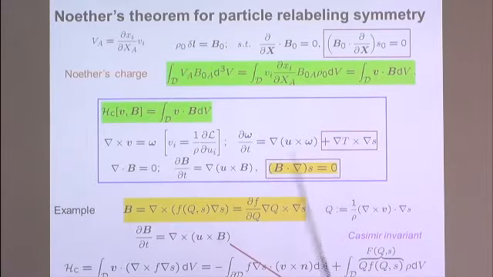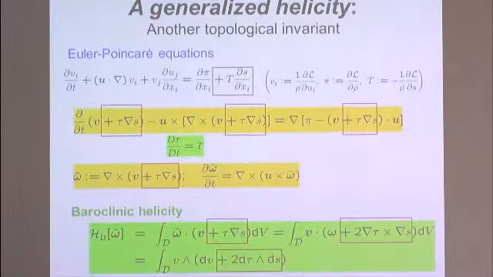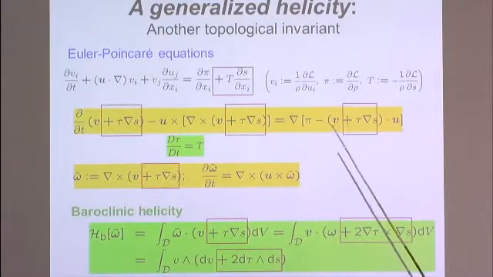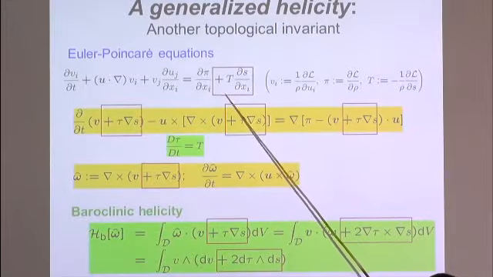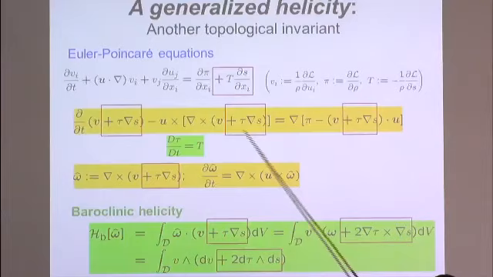This is some correction, and then I try to make examples close to helicity. So this is the Euler-Poincare equations, including the Euler equations. Then this can be rewritten into this form. Then take the curl. This is the frozen field.